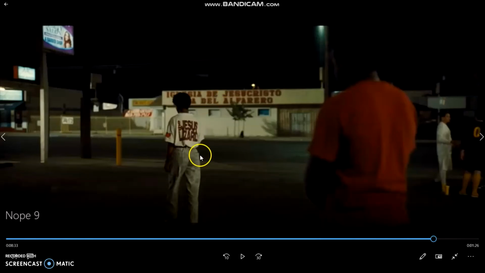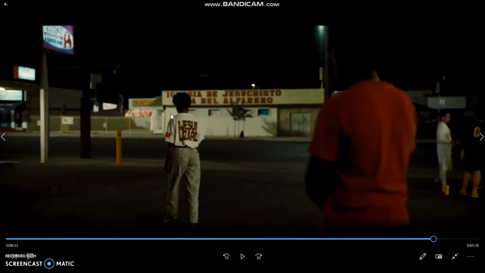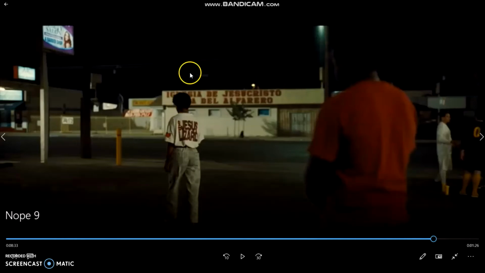The Jesus Lizard really showing how nature is mysterious and powerful like God. It really seems like it's trying to say that they don't know what they're messing with, to put it simply. They can't read, they can't interpret these words on this church.